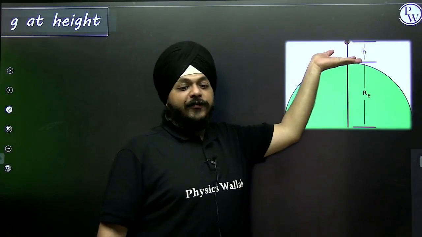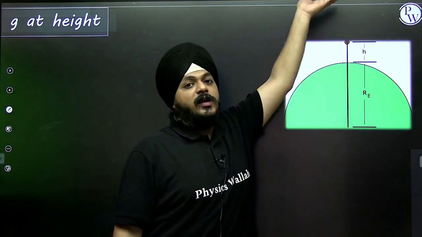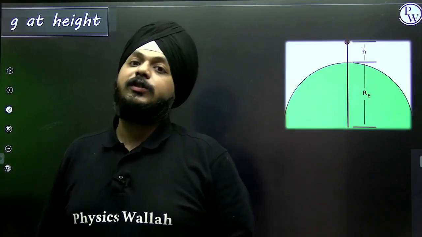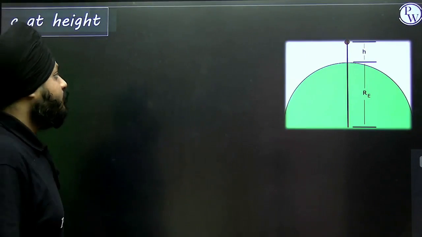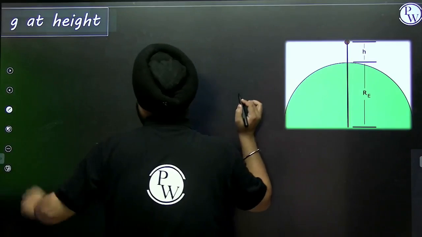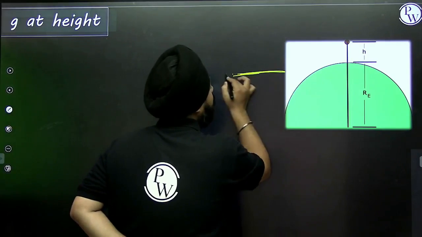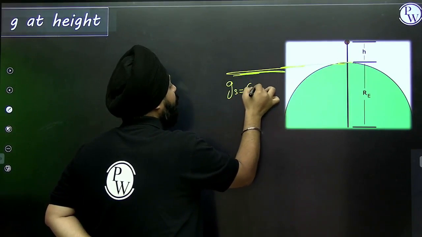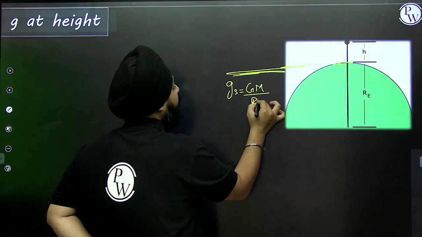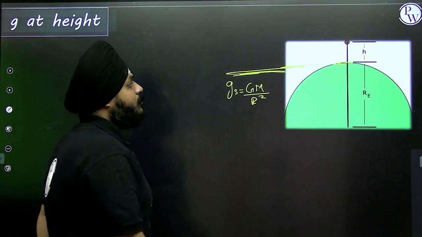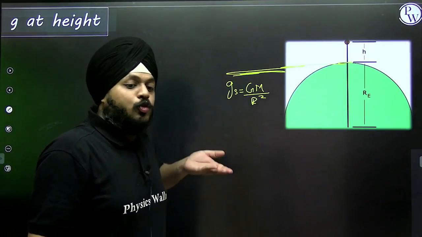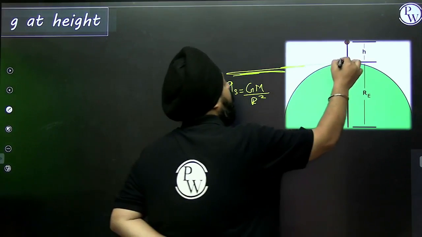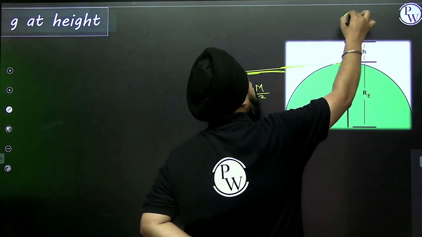With respect to the surface of the earth, how does the value of g change while moving upwards? If I'm talking about the surface, what will be the value of the gravitational acceleration of the earth? That is G M divided by r squared. Suppose we are moving to some height h.